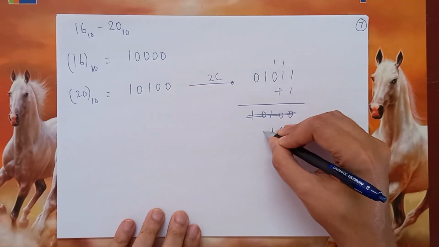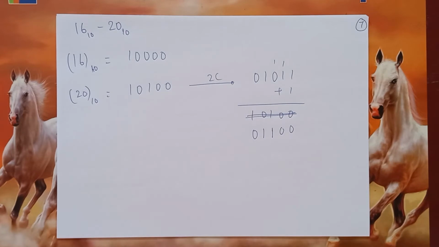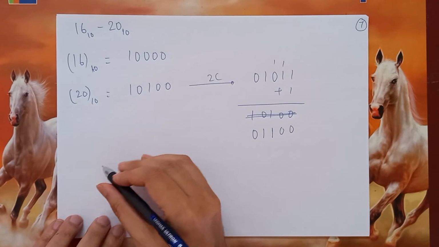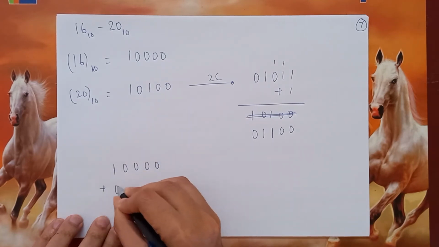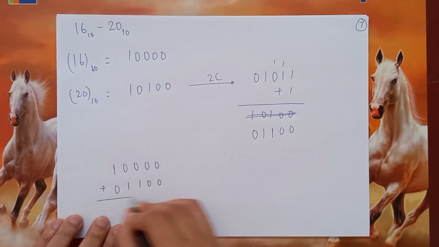This will be 1. This will continue to be the same. Okay, so this is the way. This is the 2's complement of 20. So therefore, we need to add it to 16. So 1, 0, 0, 0, 0 plus 0, 1, 1, 0, 0.